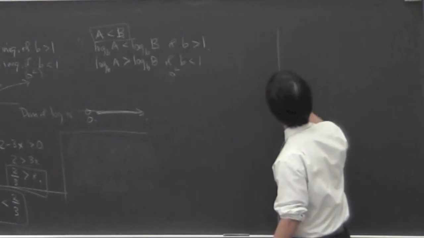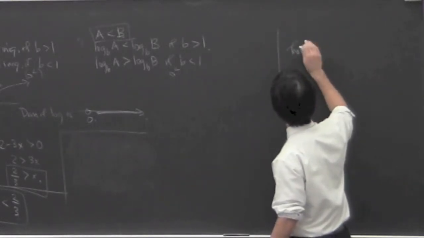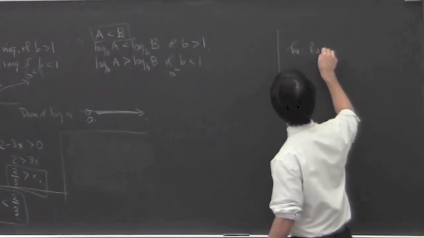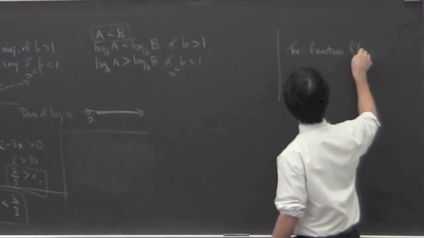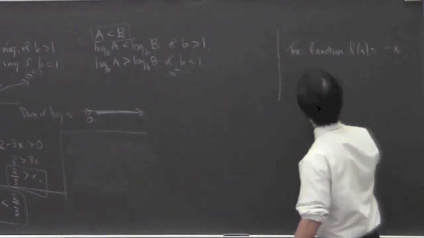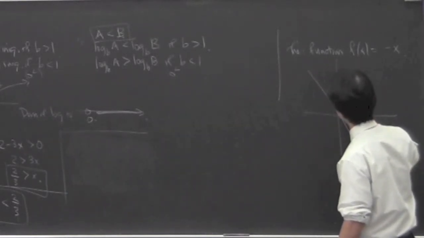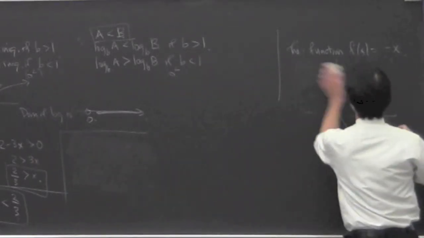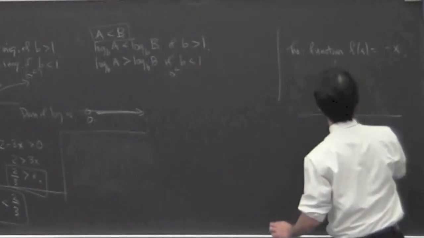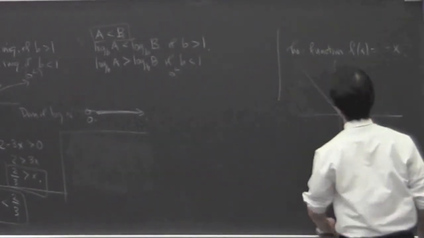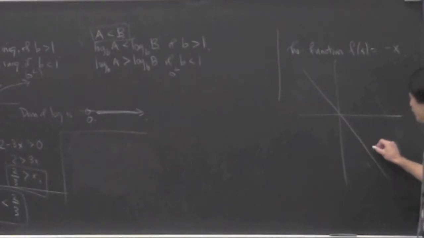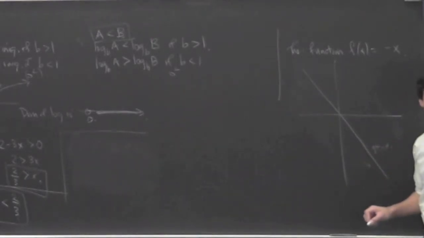So the function f of x equals negative x. If we look at the function f of x equals negative x, that's this function here, right? Just for an aside, here's the function f of x equals negative x.